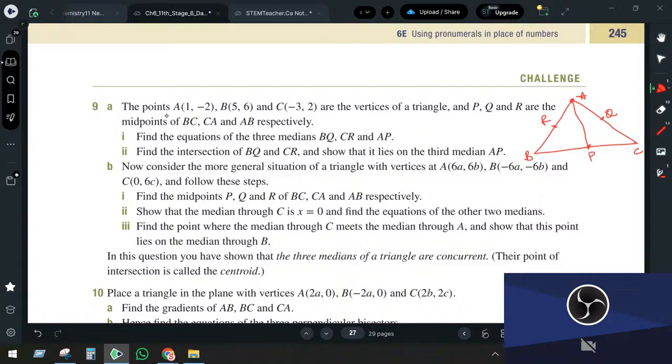This is the midpoint, so AP is the median. AP, BQ, CR, these are called medians. Is it clear? Yeah. And this point is the centroid.